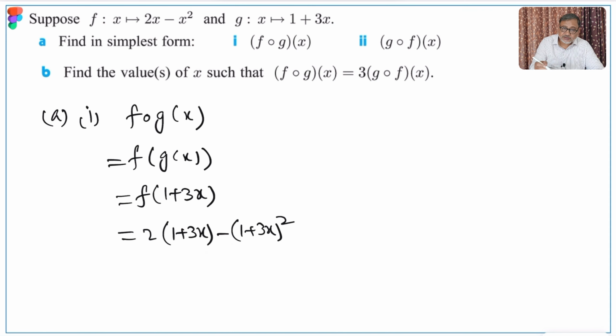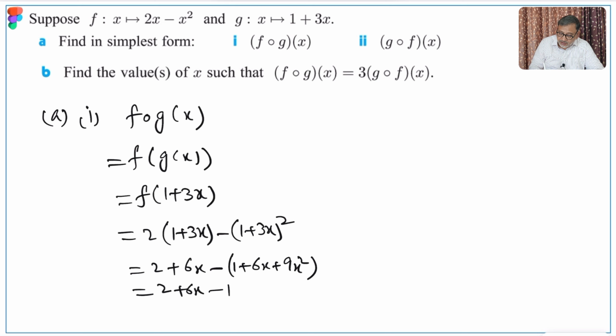We have to write in simplified form, so I will simplify this. 2 plus 6x minus 1 plus 6x plus 9x square, I am opening the bracket. 2 plus 6x minus 1 minus 6x minus 9x square. So here 6x and 6x will go, 2 minus 1 will be 1. So 1 minus 9x square, this is the simplified form of it.